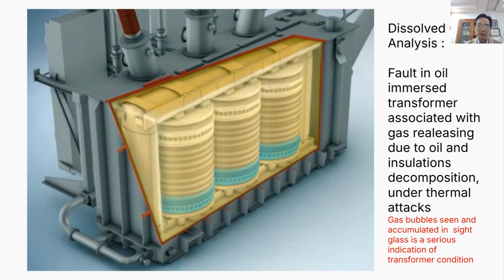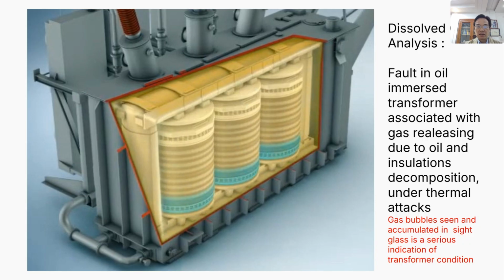In a normal situation, the gas generated from oil and insulation is dissolved into the oil and exists in oil at ppm level. So that is for a normal developing transformer, or in case of faults, a normal development in the transformer.